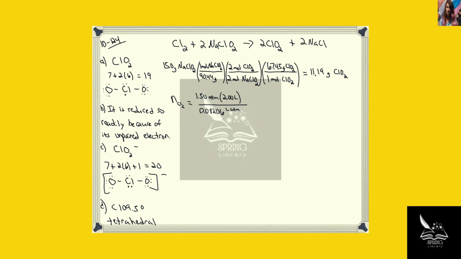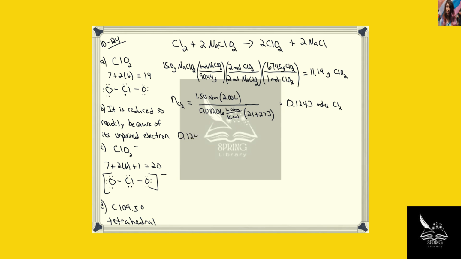Moles will be equal to PV divided by RT. The pressure is 1.5 atmospheres. The volume is 2 liters. We divide by R, 0.08206, multiplied by the temperature, which is 21 degrees Celsius plus 273 to get it into Kelvin. And we get 0.1243 moles of chlorine gas that are available to us.